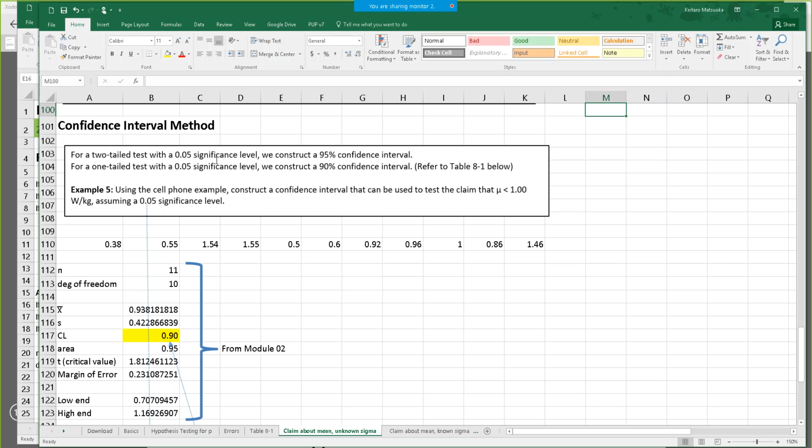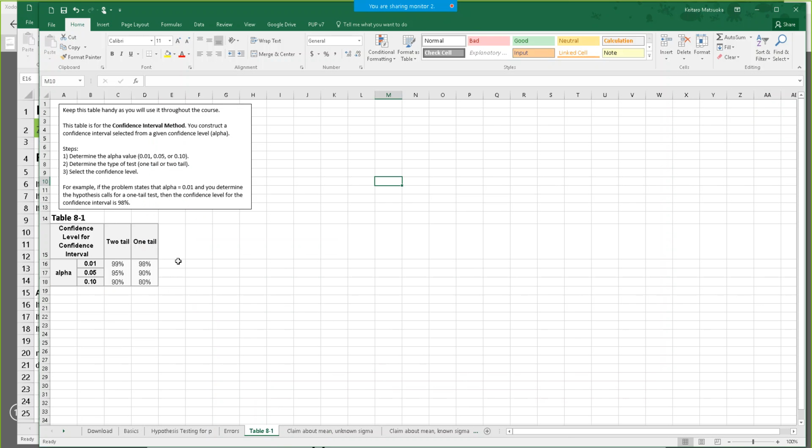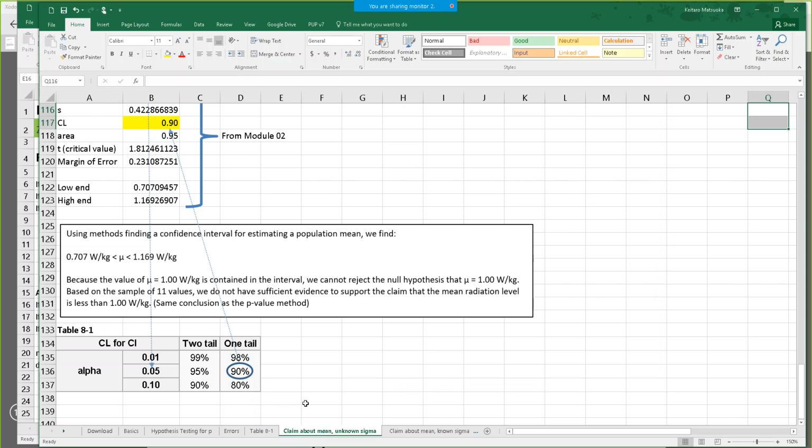So depending on the significance level and whether it's a one-tail or two-tail test, you have to construct a different confidence level or confidence interval. And to do so, the summary is given to you in table 8-1. So keep this in mind when you do the confidence interval method. I reproduce it over here. So if you're doing the confidence interval method, you have to refer to this table in order to use the correct confidence level.